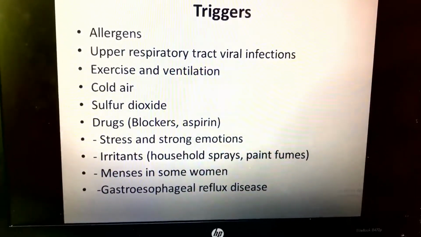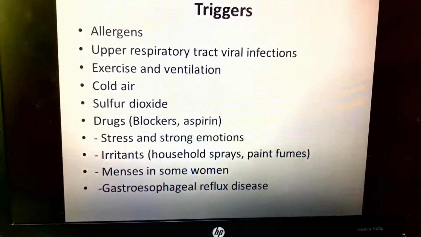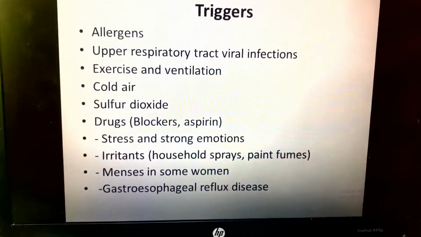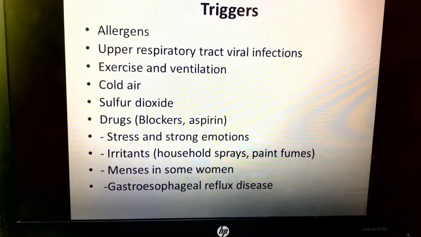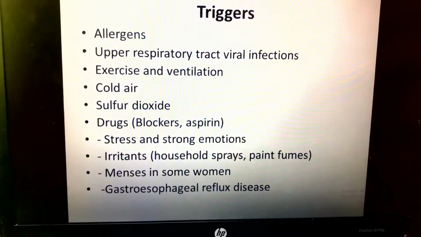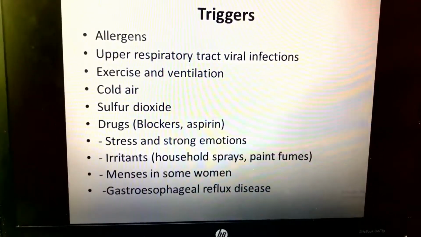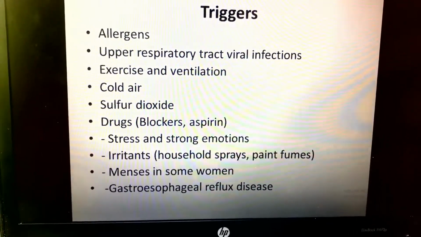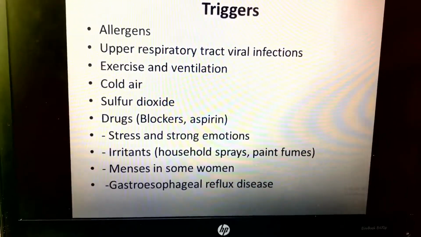When the client has a history of asthma, we can't give aspirin. Stress and strong emotions can also cause asthma. Irritants such as paint and fumes can also cause asthma. Menses in some women, during the menstrual period, can also cause asthma.